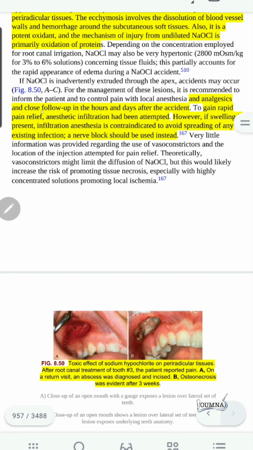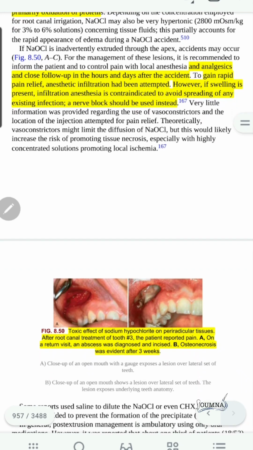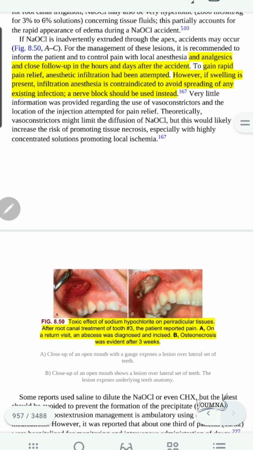To gain rapid pain relief, anesthetic infiltration has been attempted. If the swelling is present, infiltration anesthesia is contraindicated to avoid spreading of any existing infection. A nerve block should be used instead.